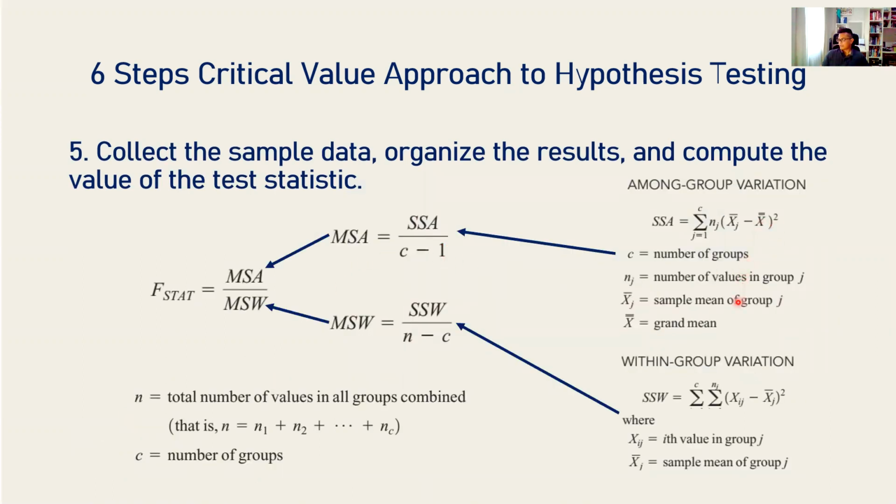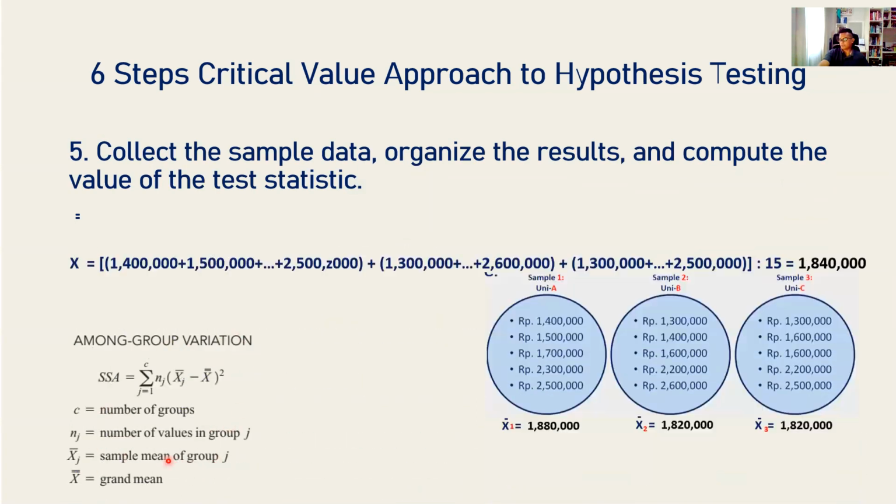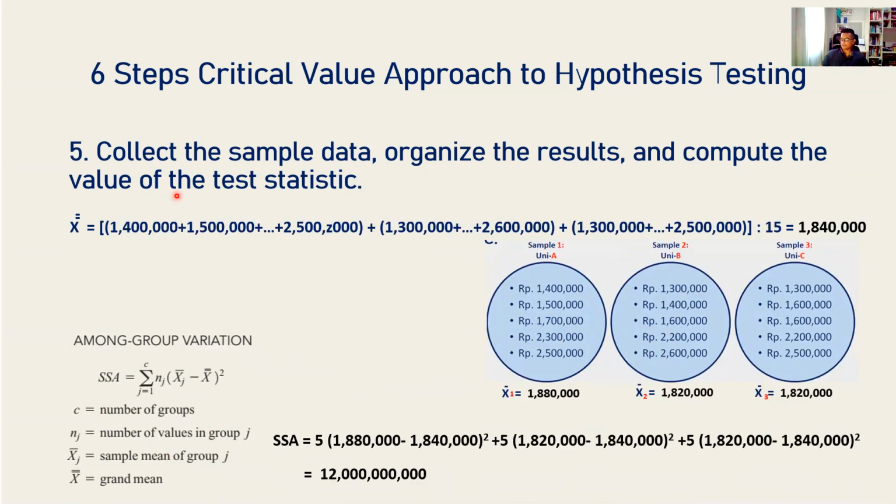We have the sample mean of each group and the grand mean. Then we can calculate the among group variation, right? Among group variation is calculated with this formula. We take the number of respondents in each group multiplied by the mean value of each group minus the grand mean, squared.